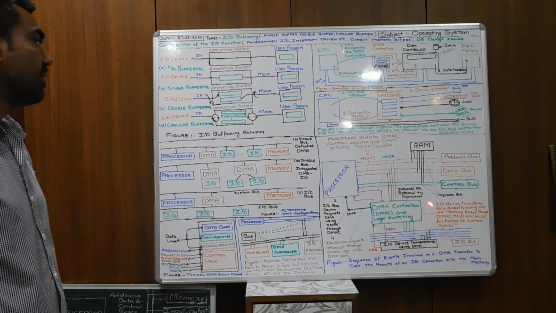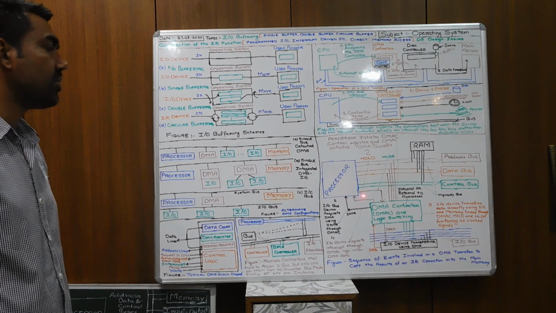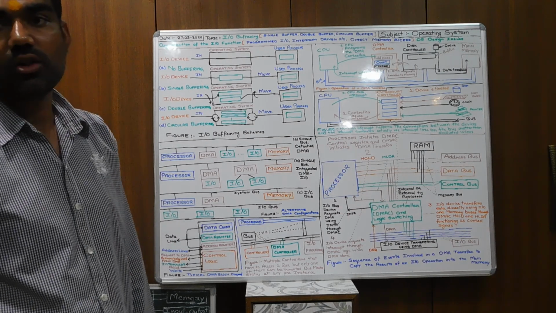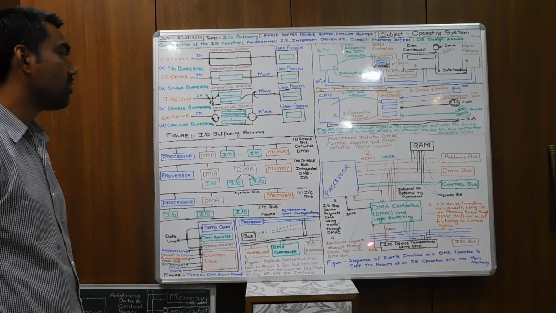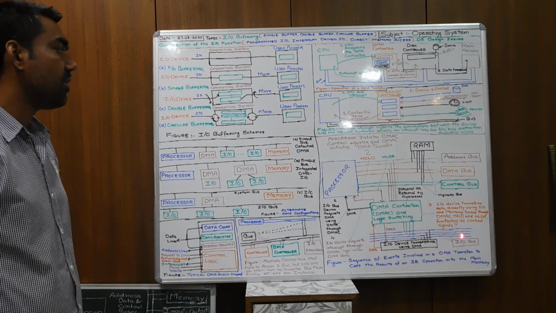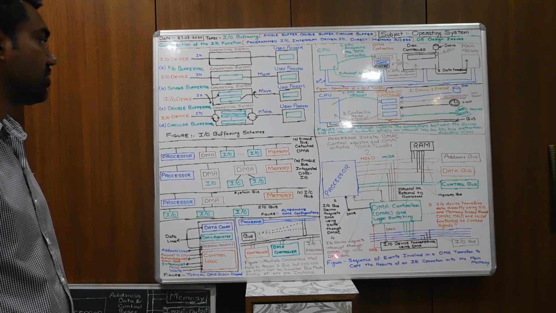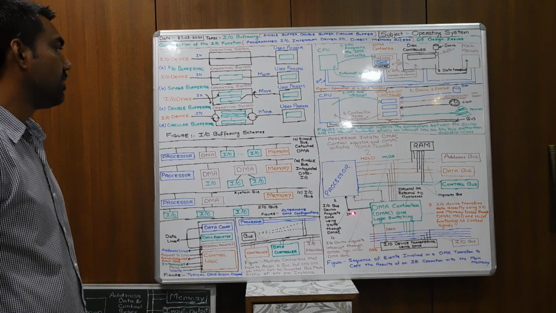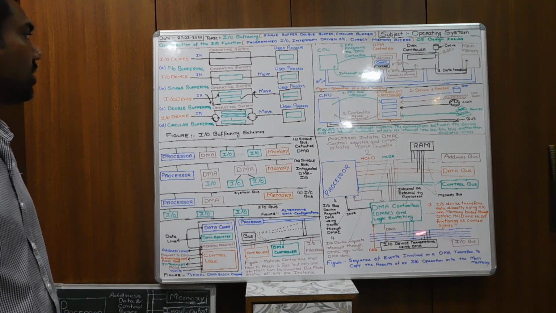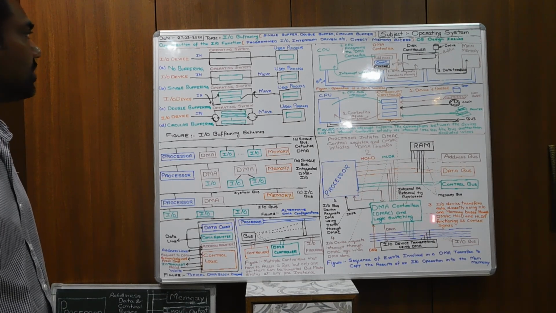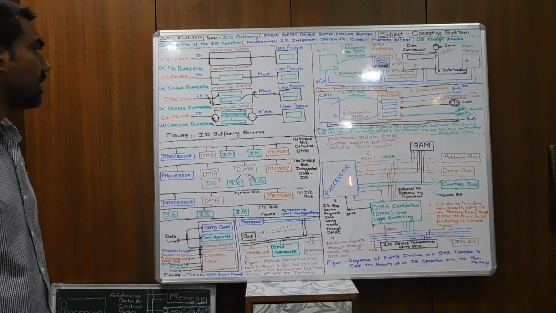Then the DMA controller informs the processor that the operation intended for the IO device has finished. DMA is done in this way.